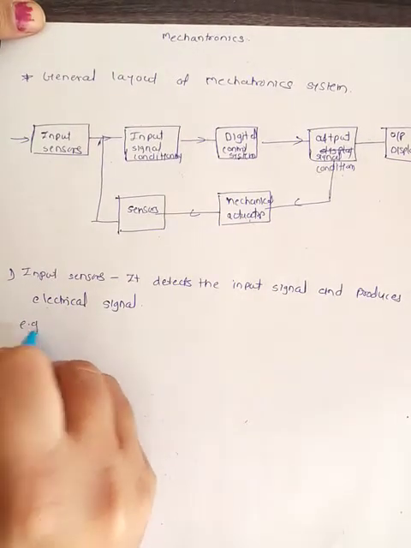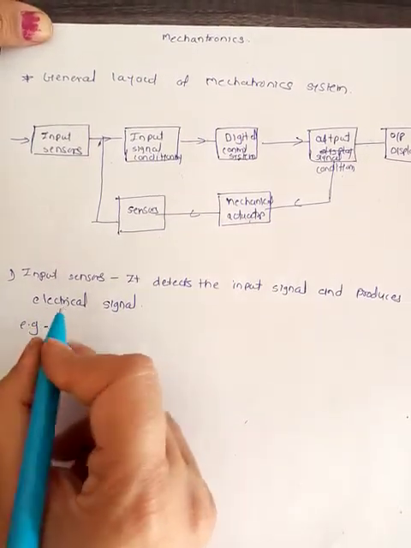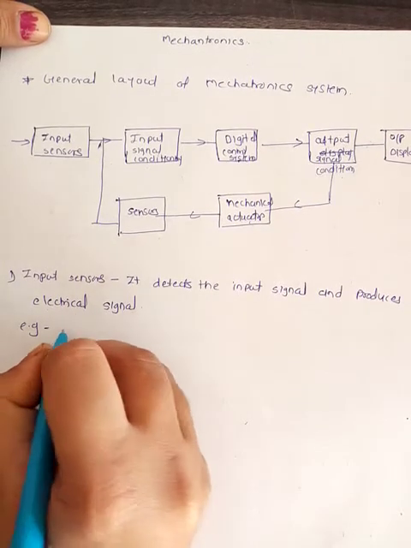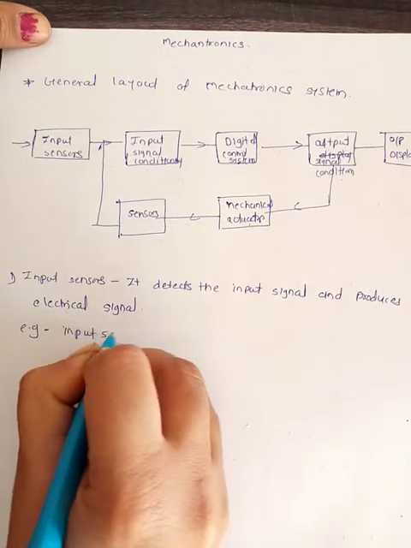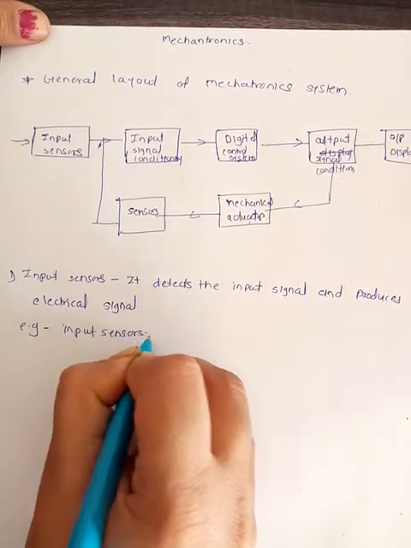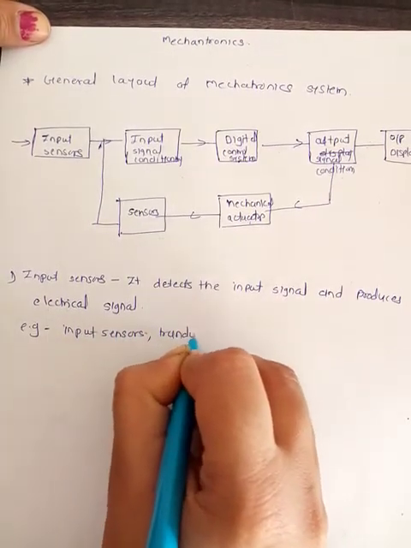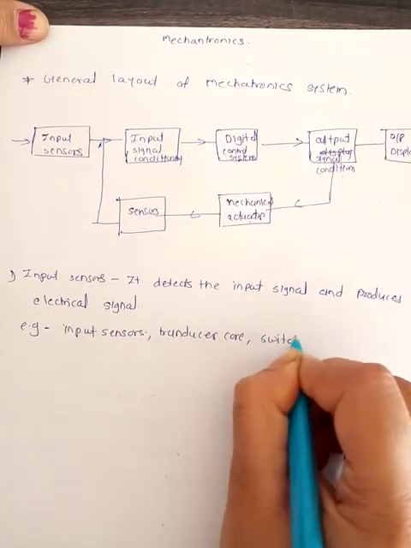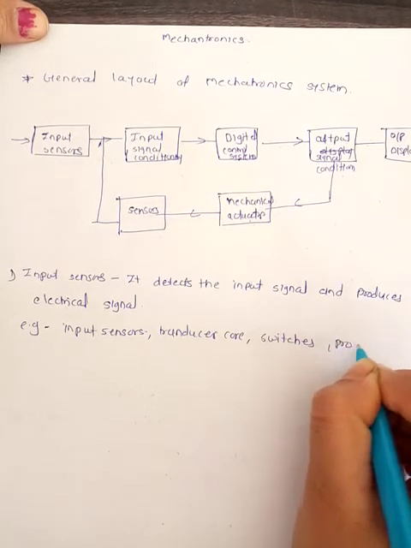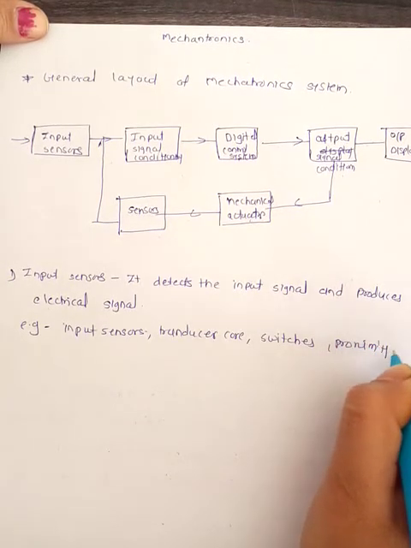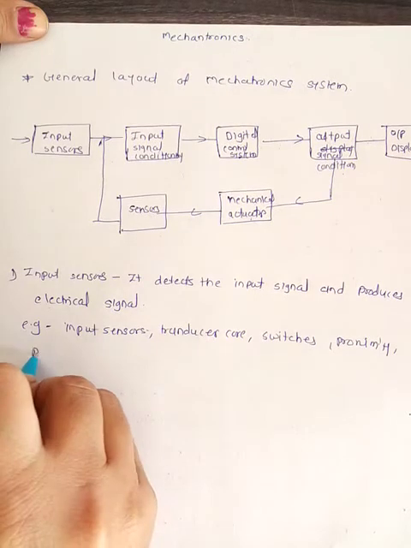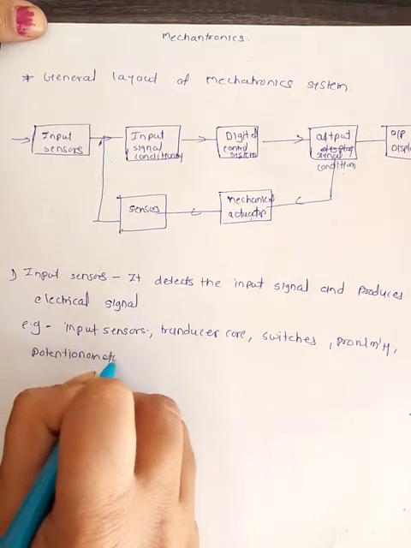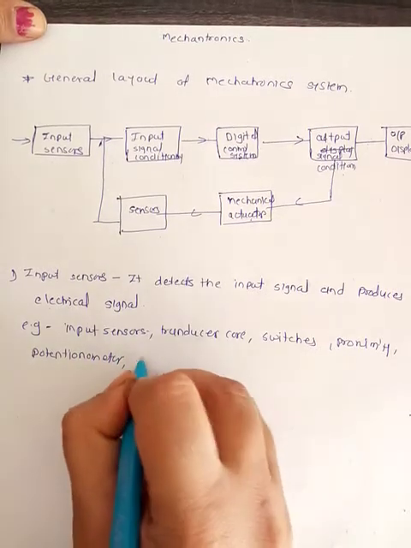What are examples of the input sensor? Examples of input sensors are the transducer, switches, proximity sensor, potentiometer and accelerometer.